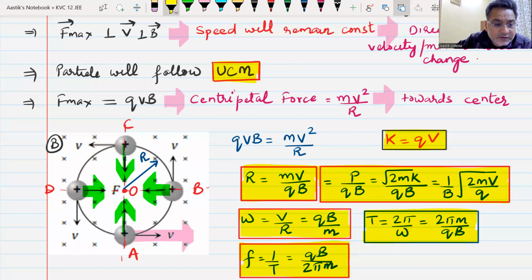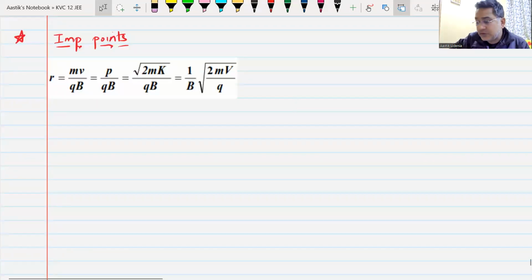So the first point is, again, I will write all the formulae for radius together. I hope you are now acquainted with these formulae. Radius is equal to mv by qB, p by qB, root over 2mK by qB, and 1 by B root over 2mV by q, where V is the applied voltage through which it is accelerated. Yes or no?